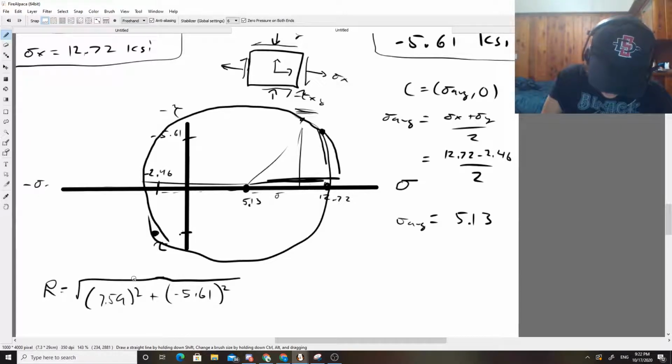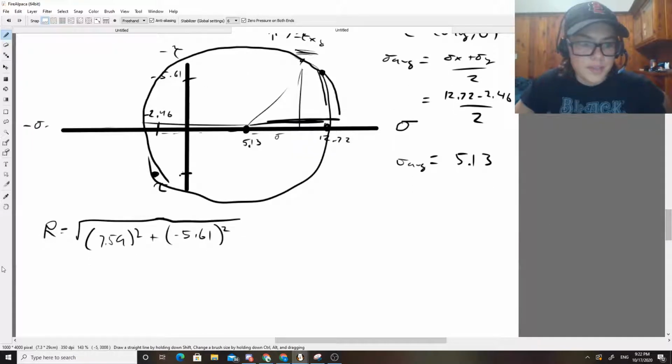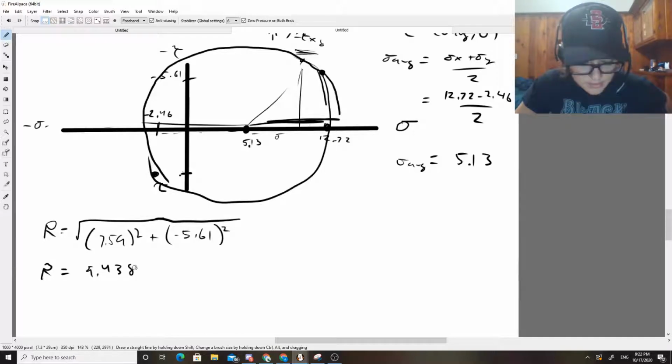And we'll root that out, and your radius is roughly going to be 9.438.